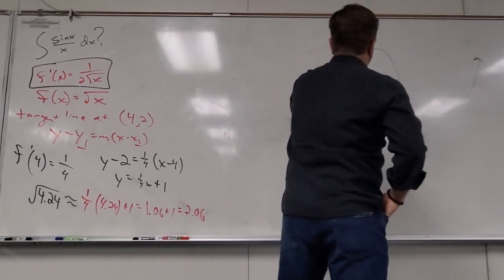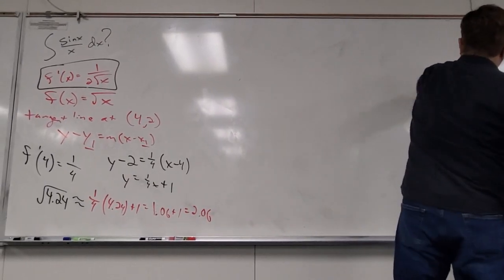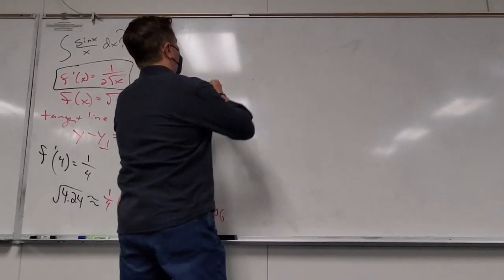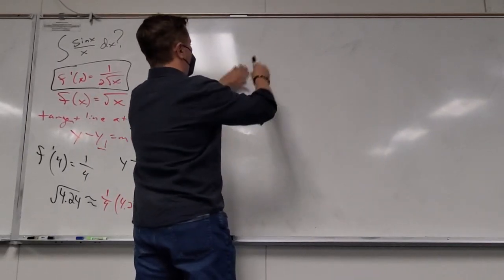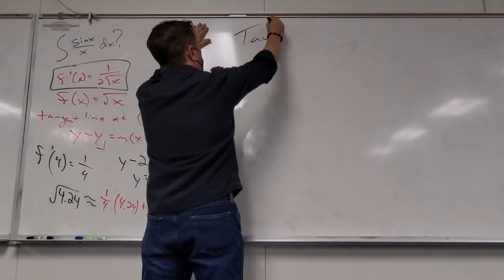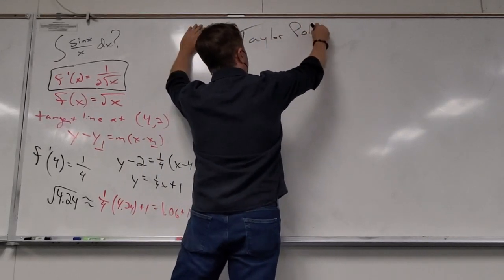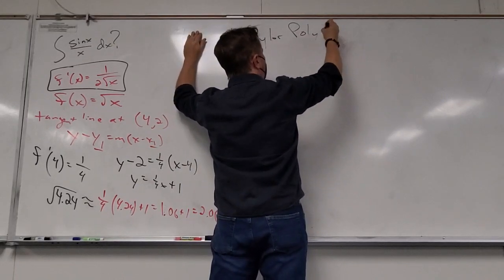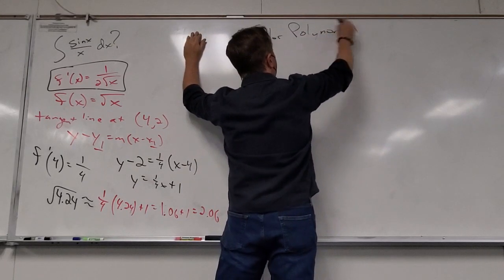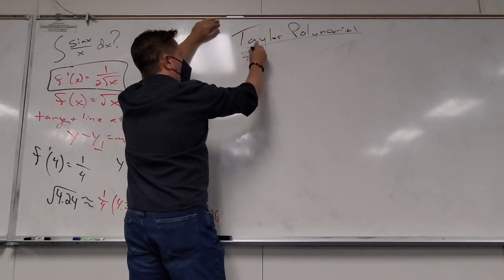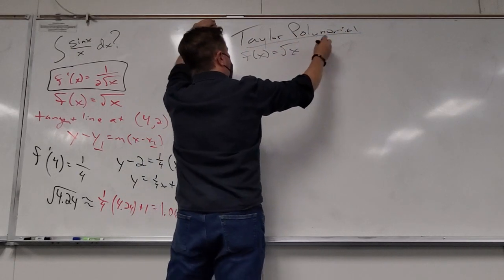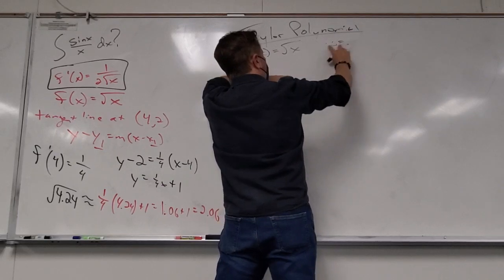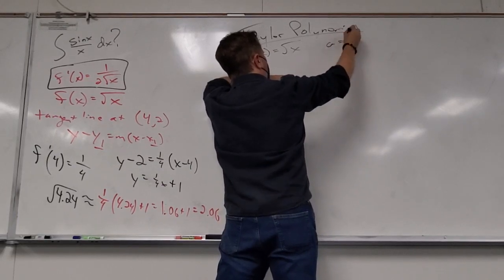So what's the process for constructing a Taylor polynomial? Well, let's construct. So I'm given this function, and I want to build a Taylor polynomial around x equal to, let's just say, a equal to 4, same thing.